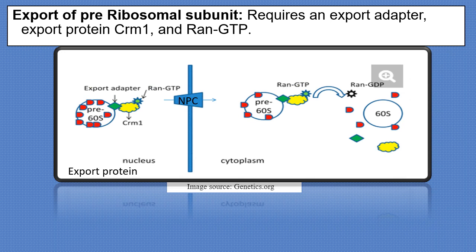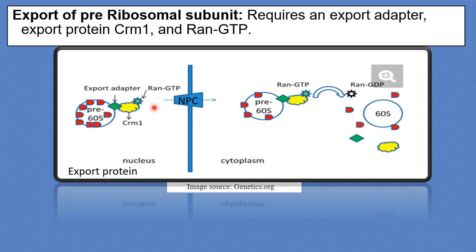In the nucleus, the pre-60S subunit is associated with different protein factors, and the protein factors are represented in red. This pre-60S subunit binds with the export adapter, which is in green, and the export adapter provides a link to bind the pre-60S subunit with the export protein CRM1.